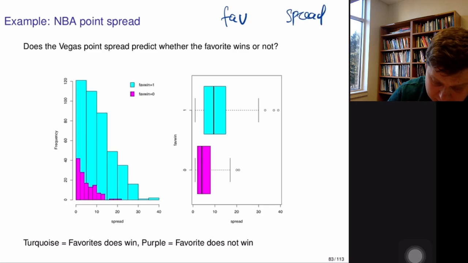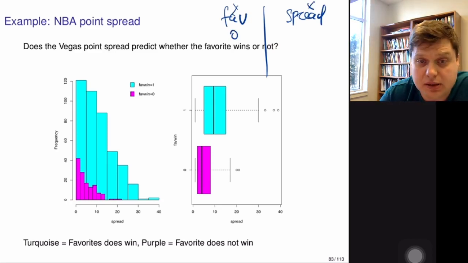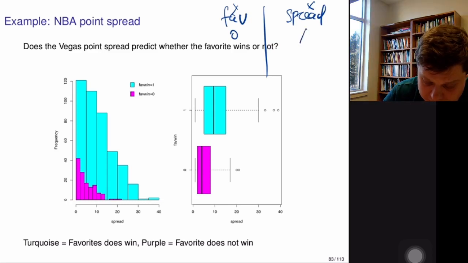The favorite is either 0 or 1, and the spread is the one predicted by the bookie, how far away one team is going to be from the other. So that's the prediction by the bookmaker.